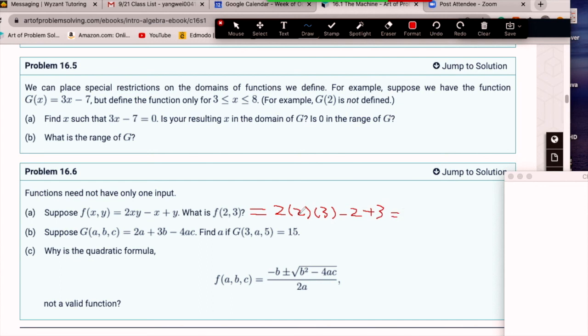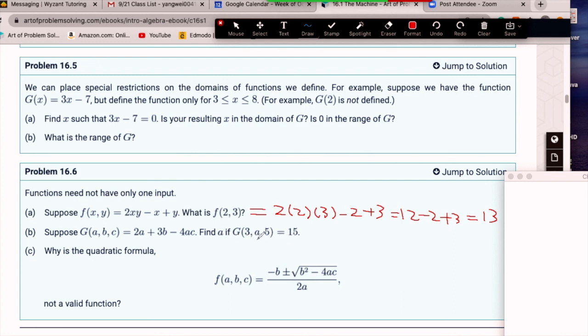So 4 times 3 is 12, 12 minus 2, then plus 3, you get 13, right? So this function value equals 13. Now, suppose this function equals this, and they ask you to find a if this equals 15.